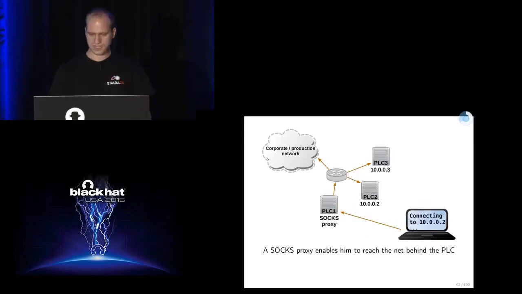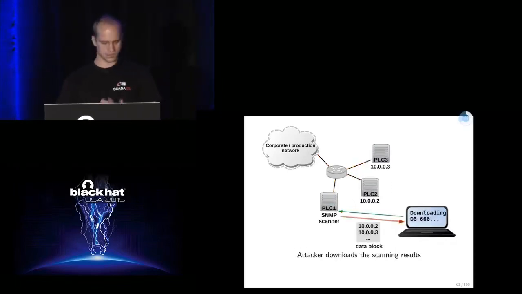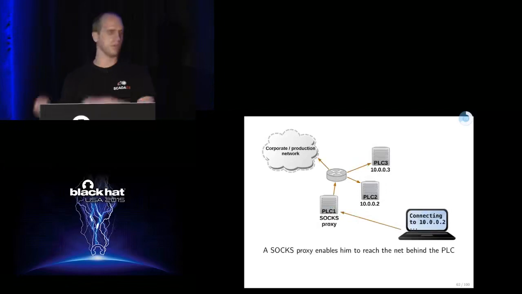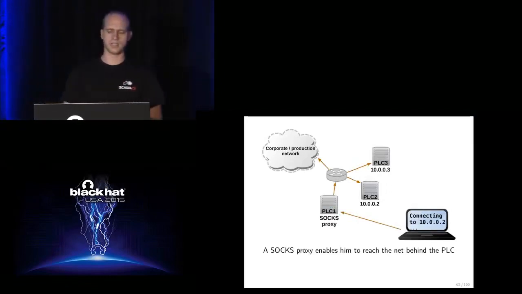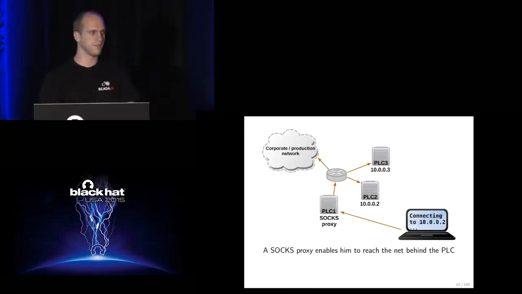Okay. So now we have downloaded the data block, and now we are injecting our SOX proxy, which enables the attacker to use PLC1 as a gateway via the SOX proxy protocol, for accessing all other devices.